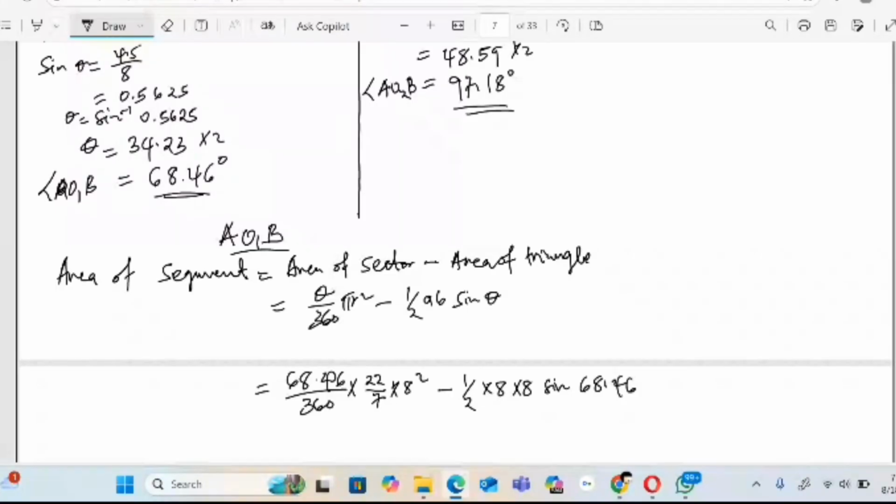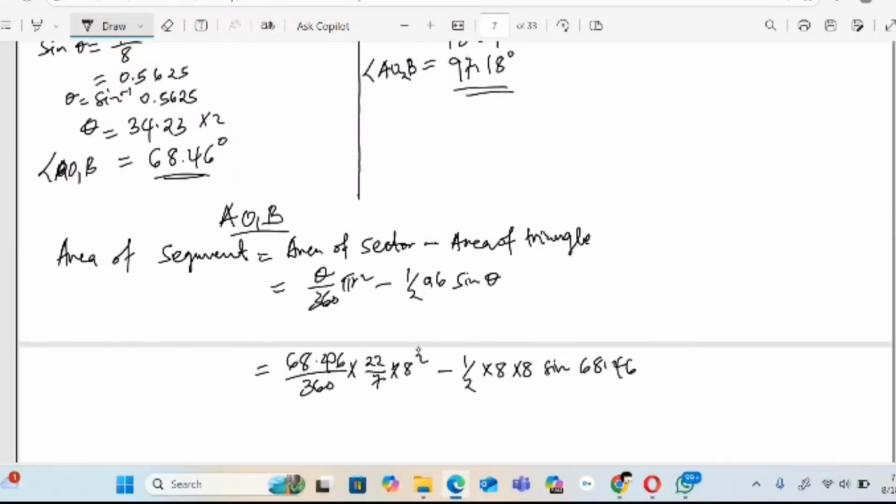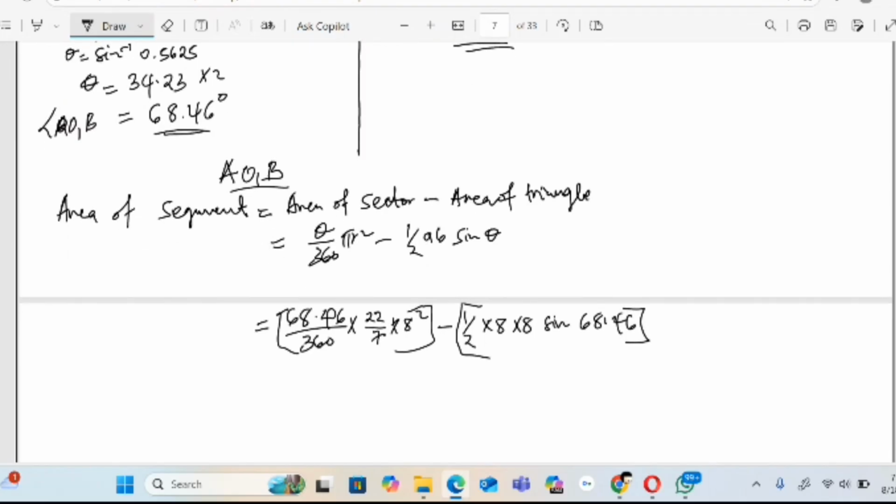Using a calculator, you work them out separately and keenly, because any mistake here, the remaining part of your answer becomes wrong.